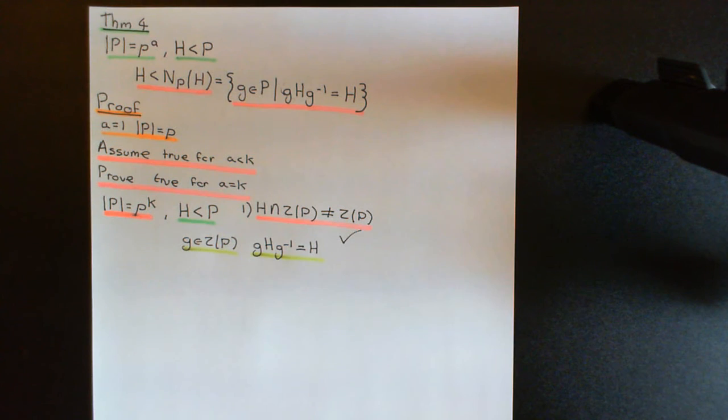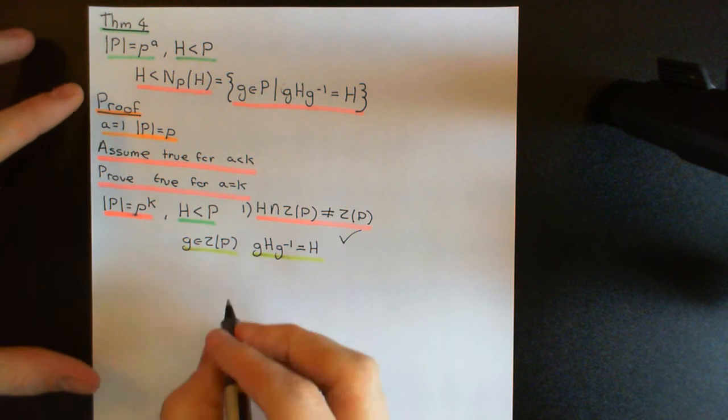If there are elements of the centre of the P group, which we know is not the trivial subgroup, that are not in your subgroup capital H, then instantly you can say those elements are going to be in the normalizer of H in P, and therefore I've found you an element outside of capital H that is in the normalizer of H in P, so we can conclude that H is going to be a proper subgroup of the normalizer of H in P. Done. So that's the easy case.